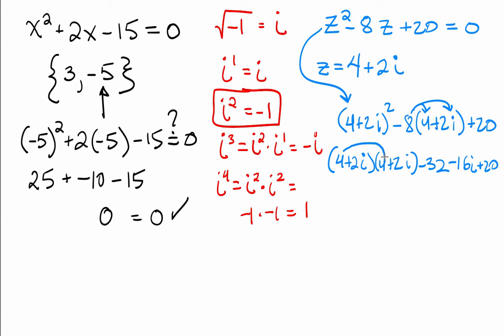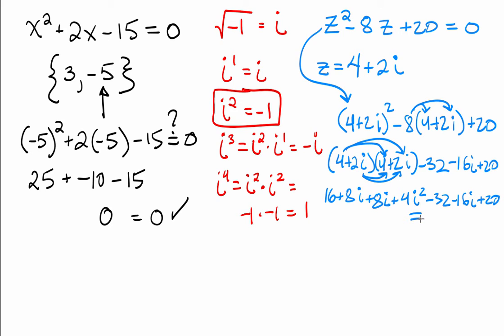And now distribute 4 plus 2i onto 4 plus 2i. 4 times 4, 16. 4 times 2i plus 8i. Then distribute 2i. 2i times 4 plus 8i. 2i times 2i plus 4i squared, minus 32 minus 16i plus 20.